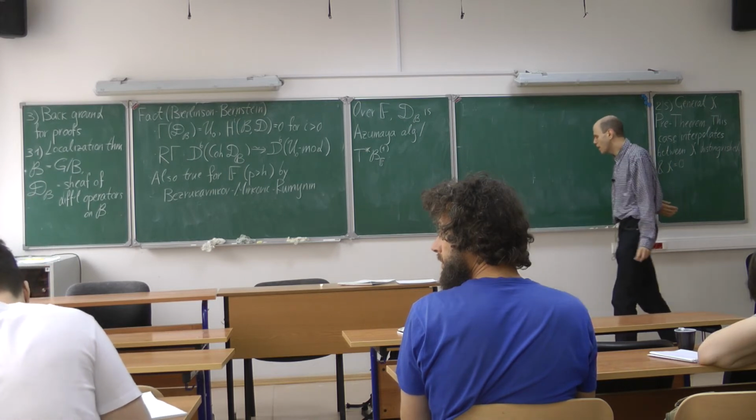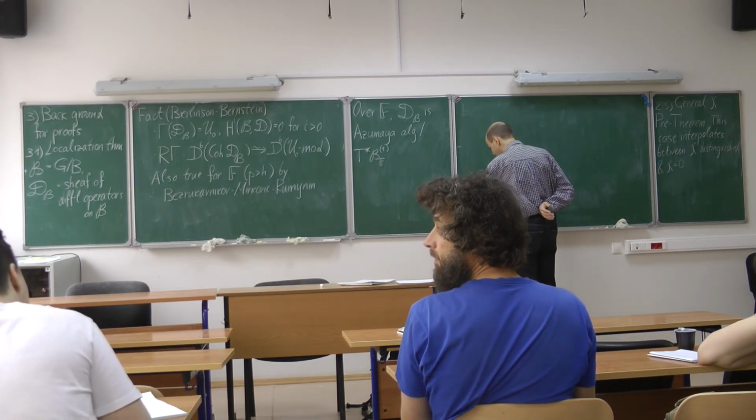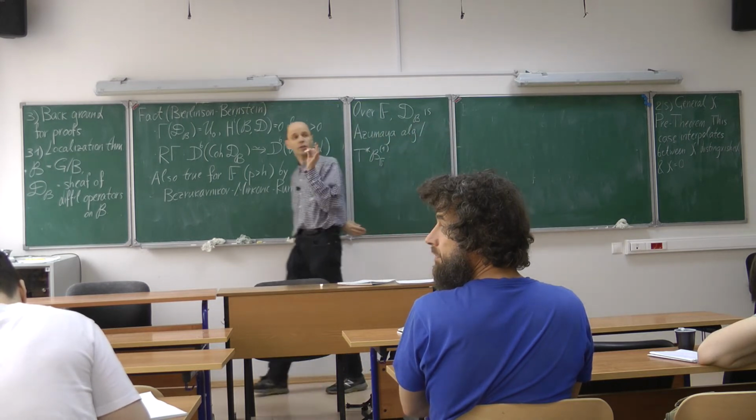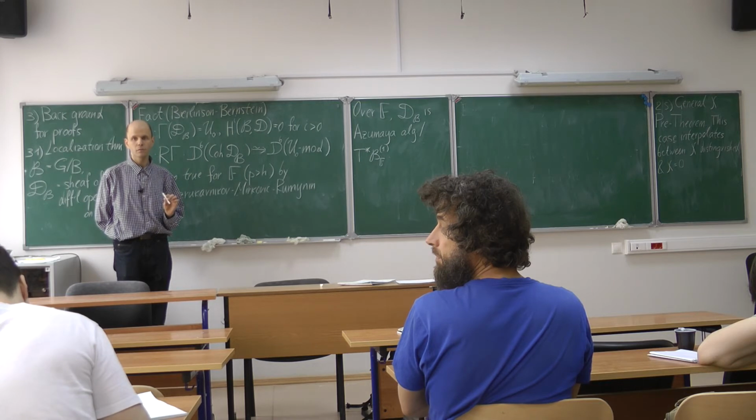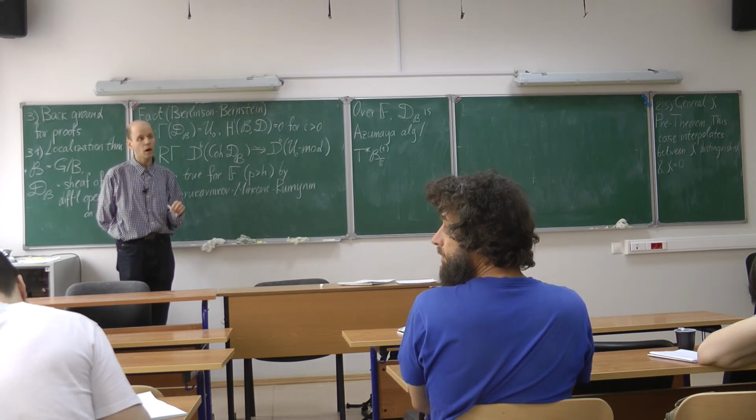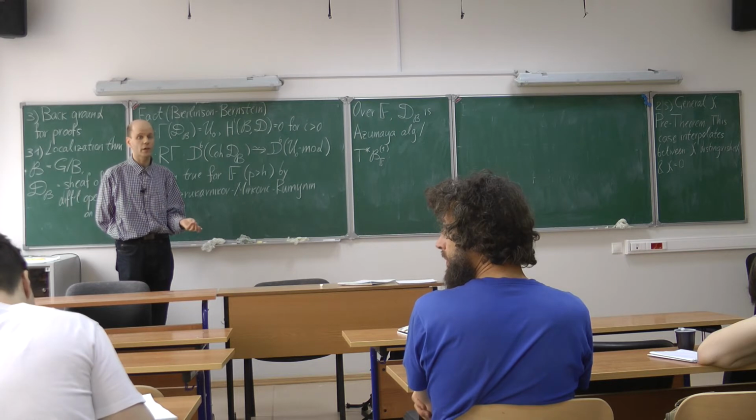So let me just briefly remind you what it means to be an Azumaya algebra. It means that you have a coherent sheaf of algebras where all the geometric fibers are matrix algebras of locally constant rank.